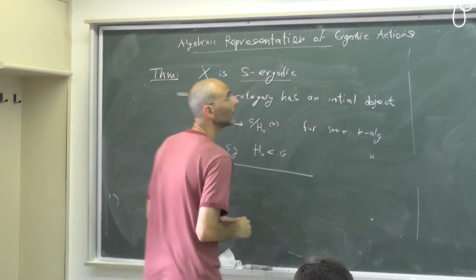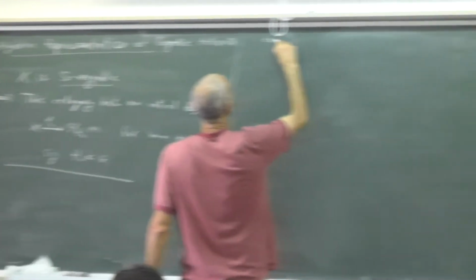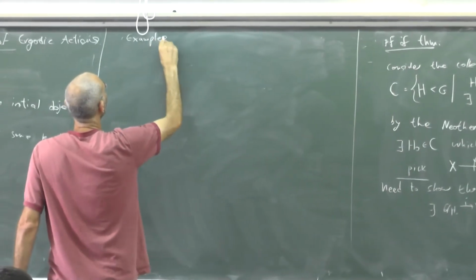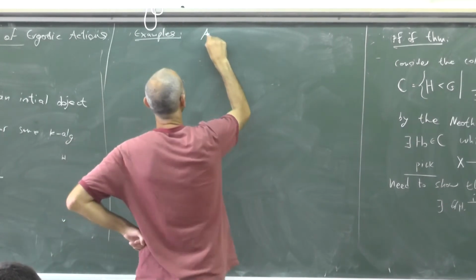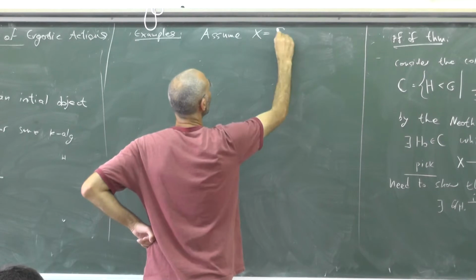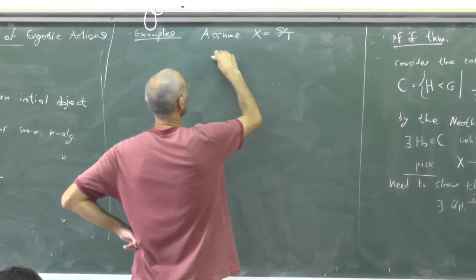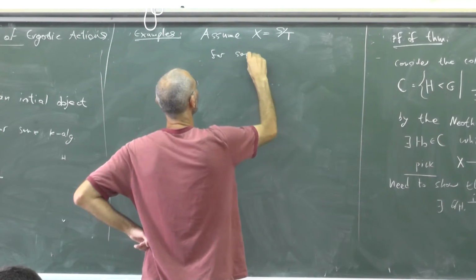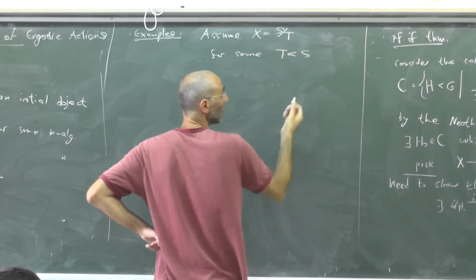Let me explain. Assume X is S mod T for some T closed homogeneous.